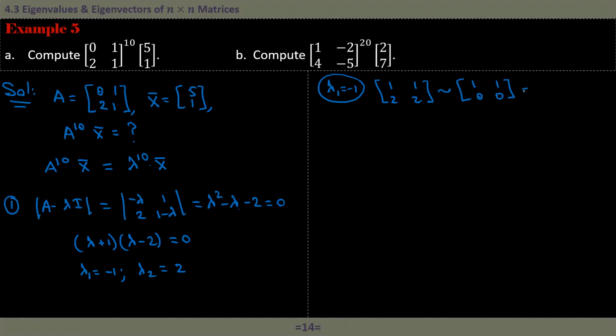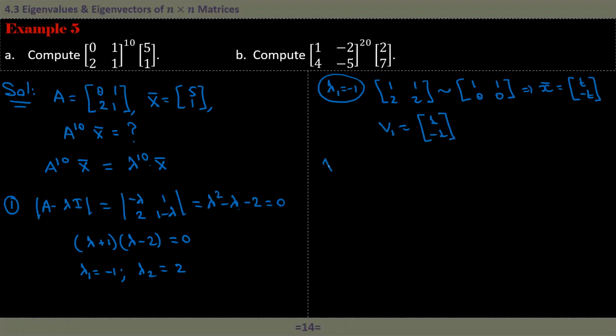That means our eigenvector corresponding to this eigenvalue will be in this form: (t, minus t). Any vector of this form will serve as an eigenvector for this matrix. From here, I need only one, so let's say V1 is (1, minus 1).